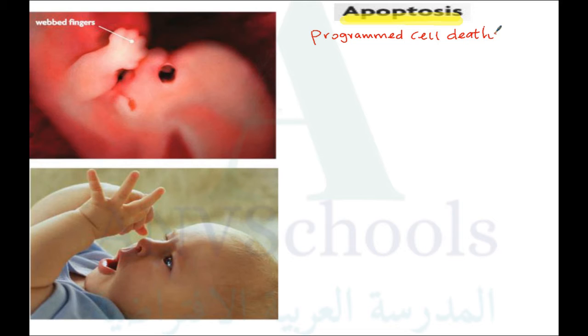So not all deaths are actually bad. Some deaths are programmed and they are good for the organism, and apoptosis is just one example of a good cell death. It occurs when internal or external signals activate genes that help produce self-destructive enzymes.